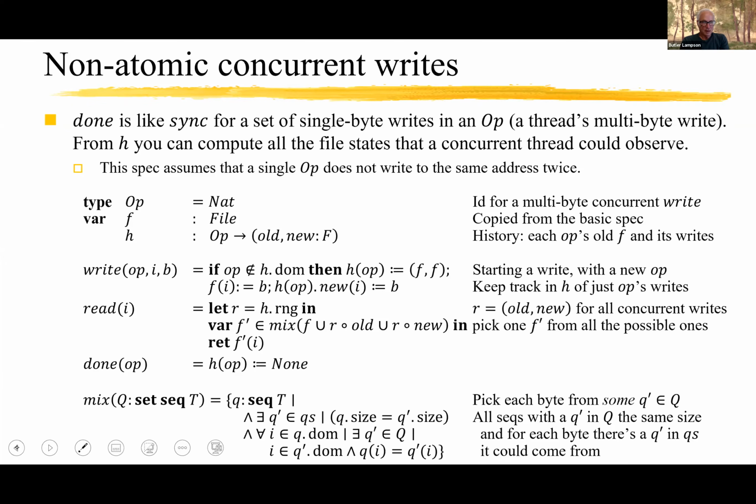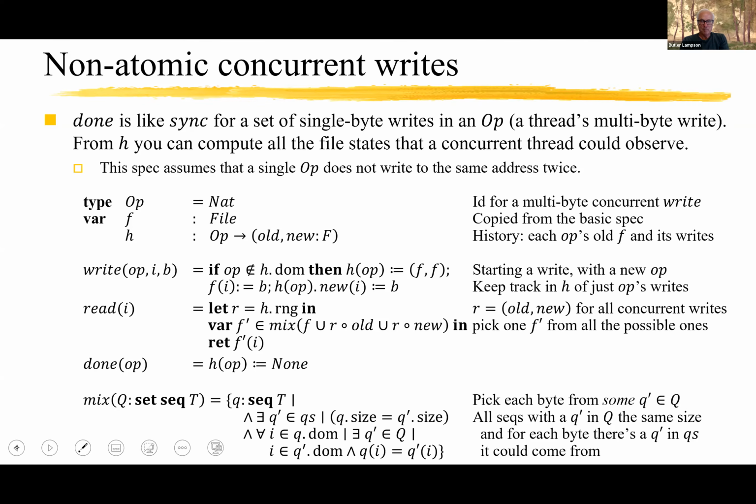And how is a read going to work? Well, that's the trickier part. Down at the bottom of the slide, there's a function called mix. And I'm not going to try to go through it, but what mix says is you've got a bunch of sequences of T. Those are the files. You've got a bunch of files, one from each thread.